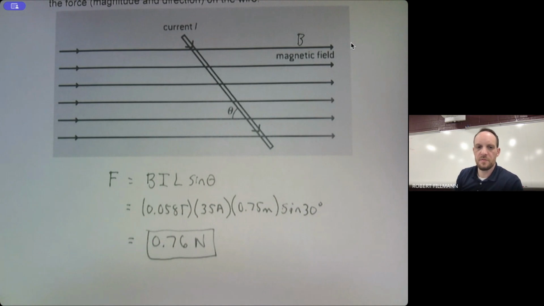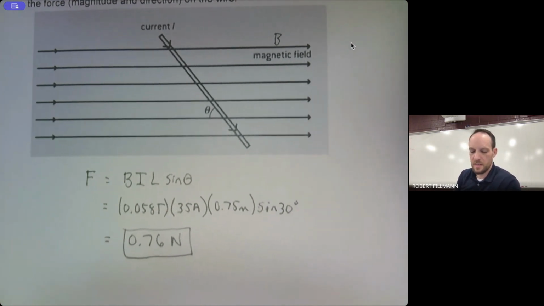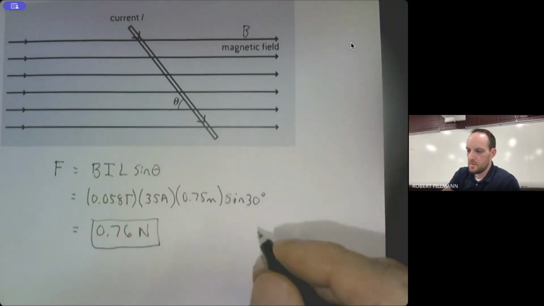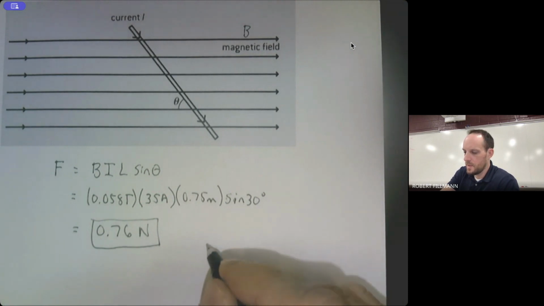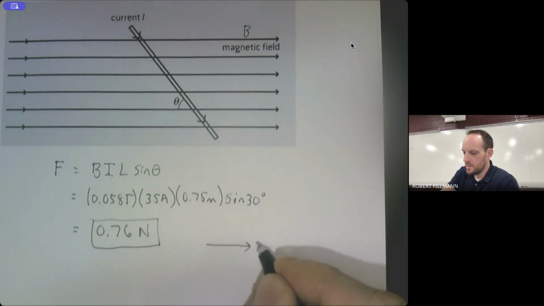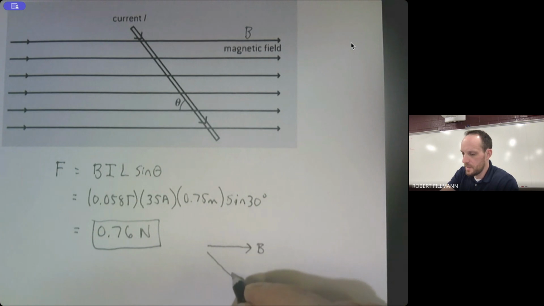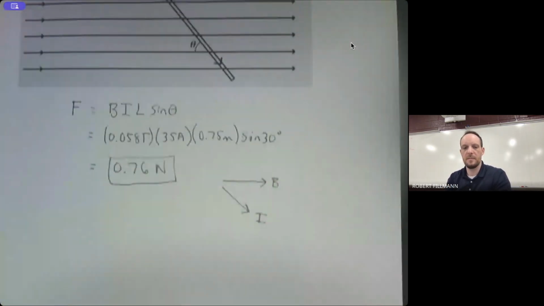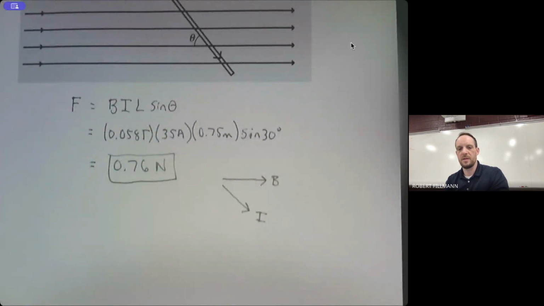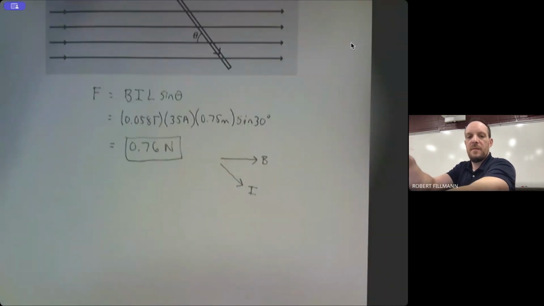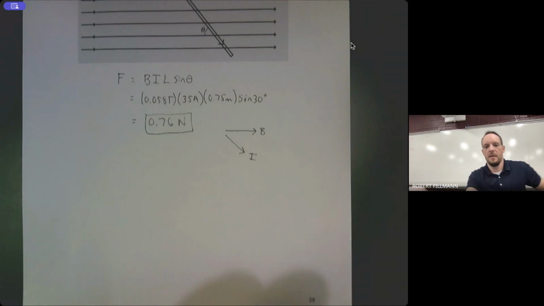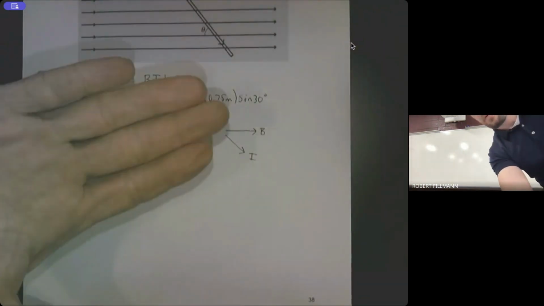So the final step is for me to figure out which way this wire is going to get that force. So I have to use my right-hand rule here. The magnetic field points to the right. Current's flowing down at an angle like this. So I have to take my right hand. I have to point my thumb in the direction of I and my fingers in the direction of B. I'm going to kind of get myself up here so I can rotate myself around.